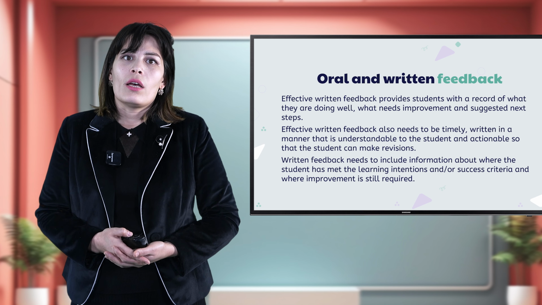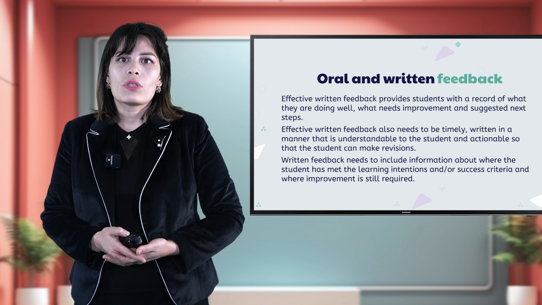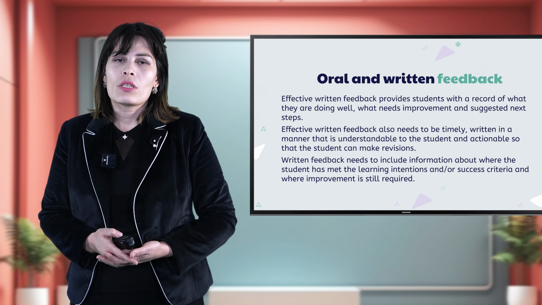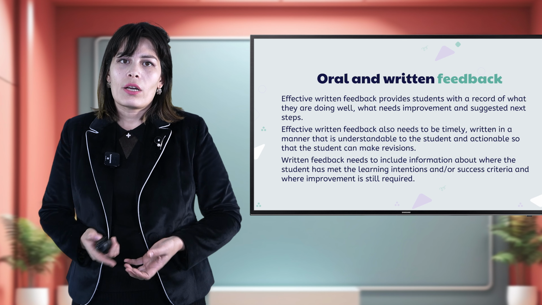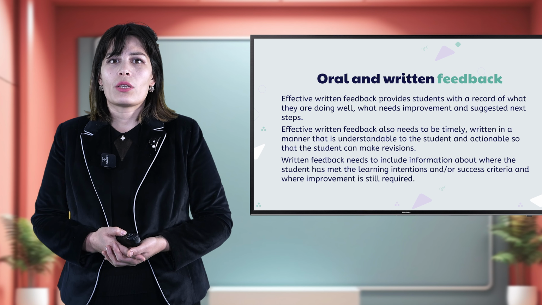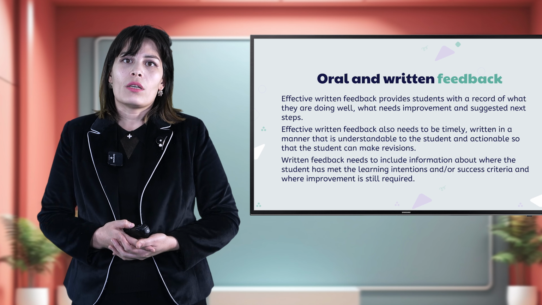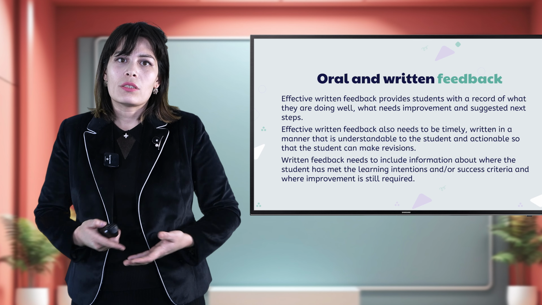It can also be actionable, so that students can make revisions. Considering this feature of written feedback, you can provide your students with the main information in a written form. So this is all about oral and written feedback.